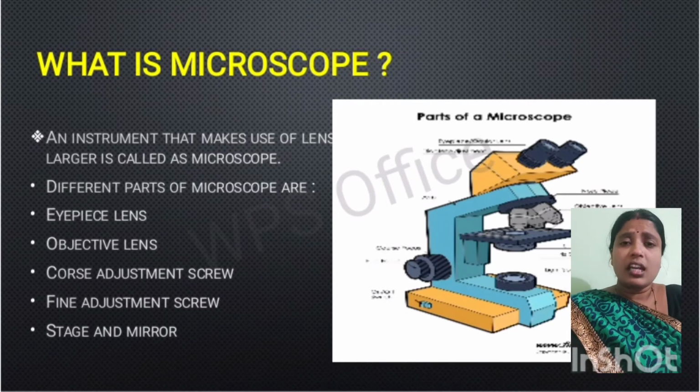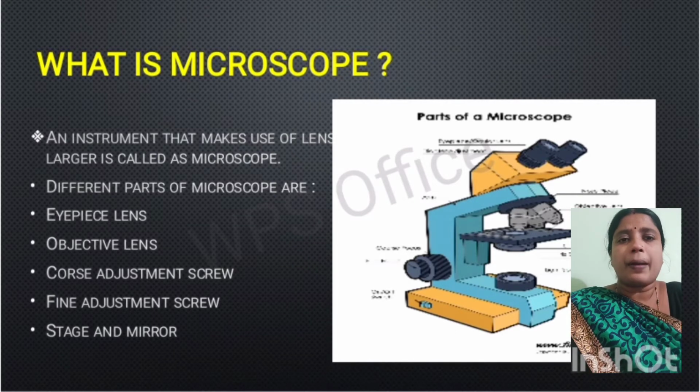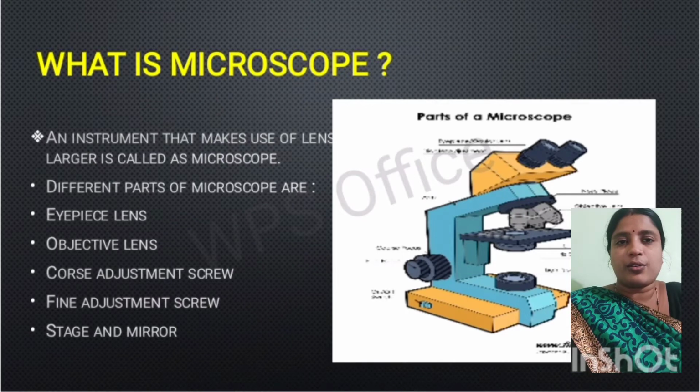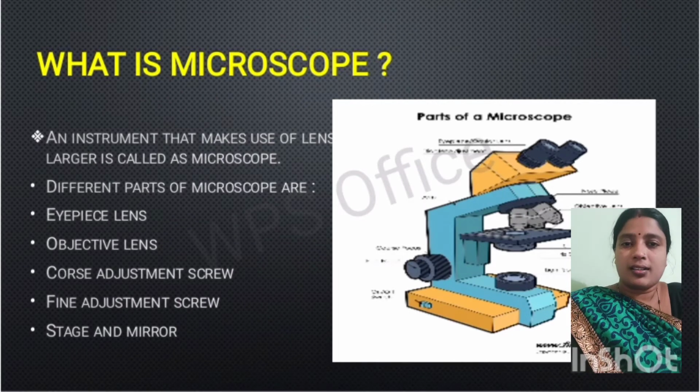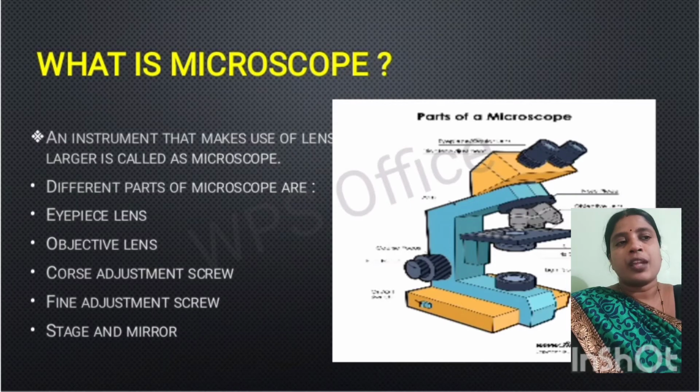Now what are the different parts this microscope generally has? Some of the important, necessary parts of this microscope are the eyepiece lens, objective lens, coarse adjustment screw, fine adjustment screw, and mirror.